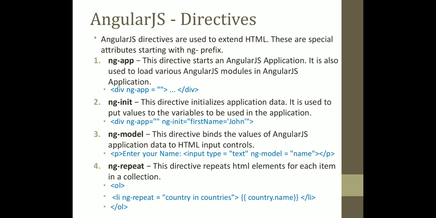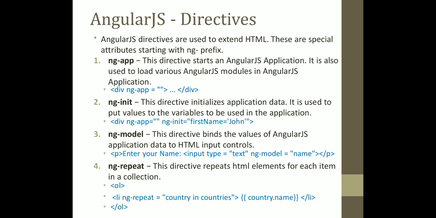You can write a link or any other attribute there if you want. Then after completing your code, close that div tag. Okay, so this is the simplest form of initializing the ng-app directive. And second is the ng-init directive.